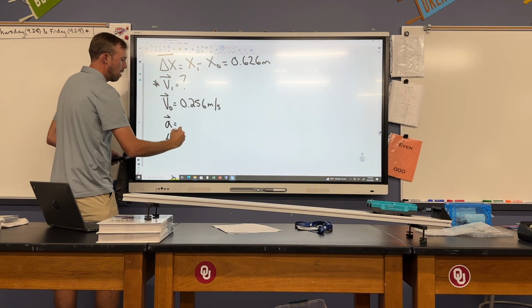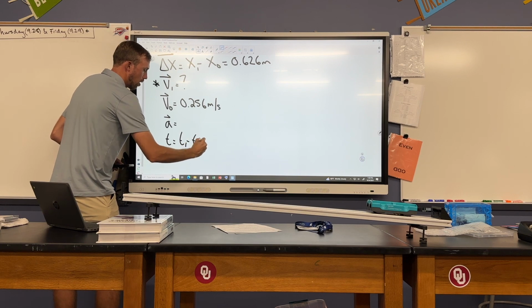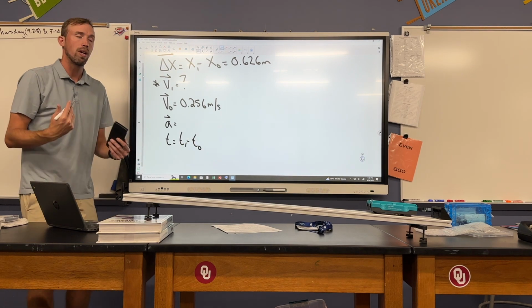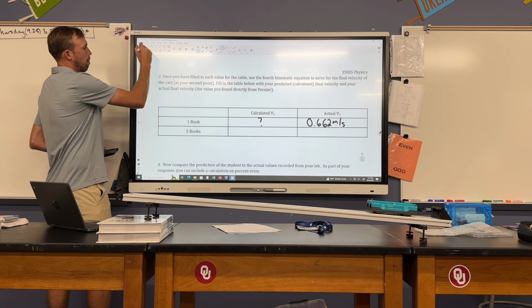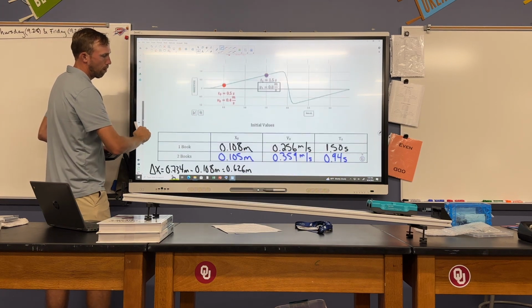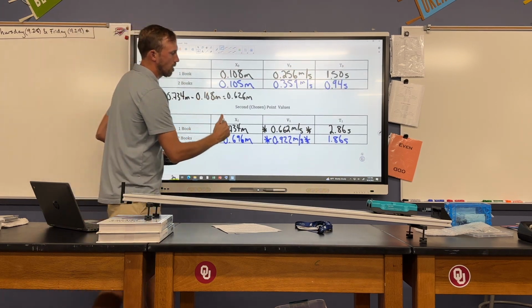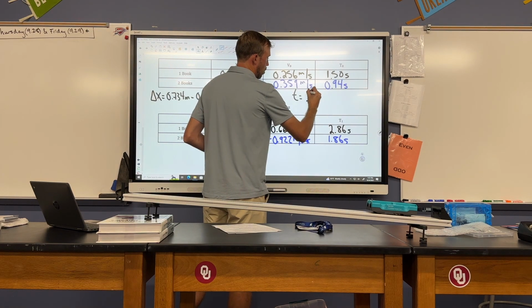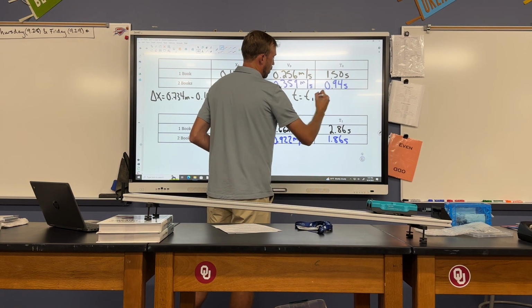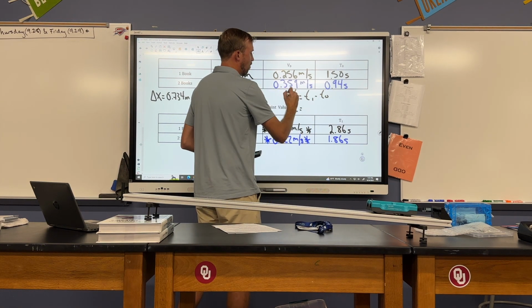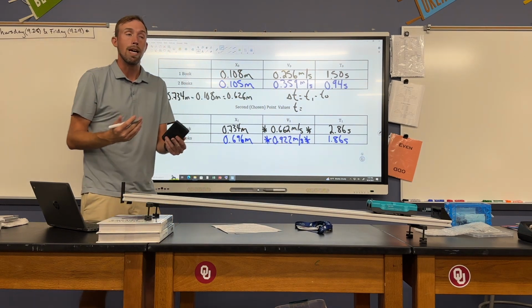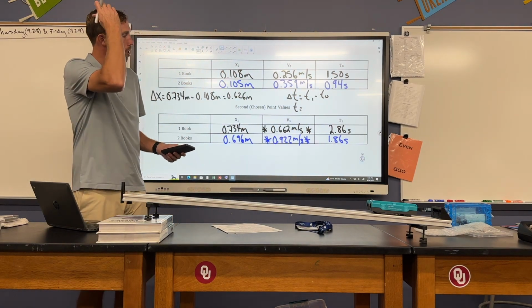And then our time is going to be the difference in our time at our initial point and our final point. So if I come back here, my final time was 2.86 seconds. So time is equal to the final time minus the initial. We can think of this as the difference in time between our 2 points.